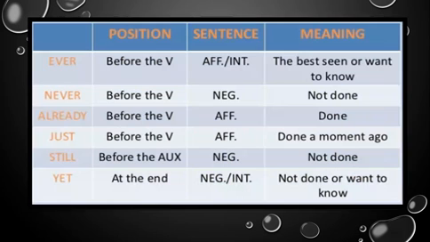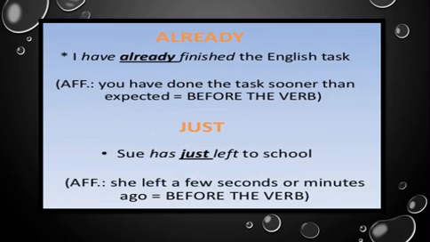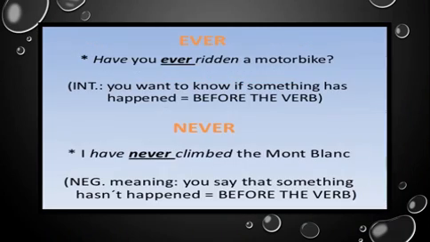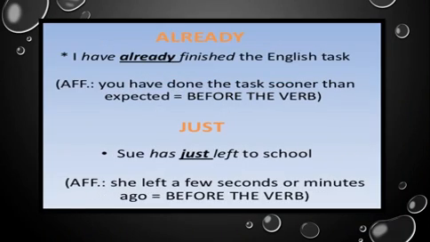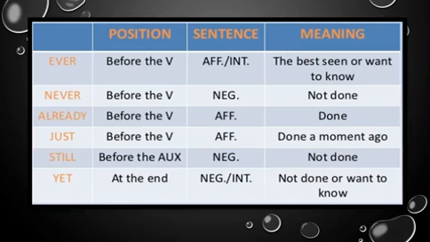Okay, next. You have here a frame about the adverbs that we saw before: ever, never, already, just, still, and yet, and the position of them in the sentence, affirmative, interrogative, or negative, and the meaning of them.